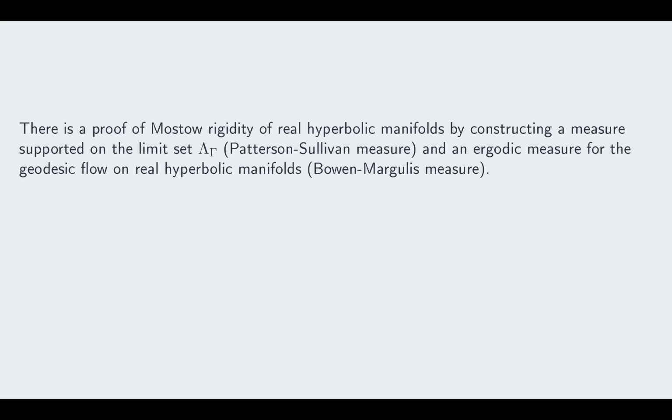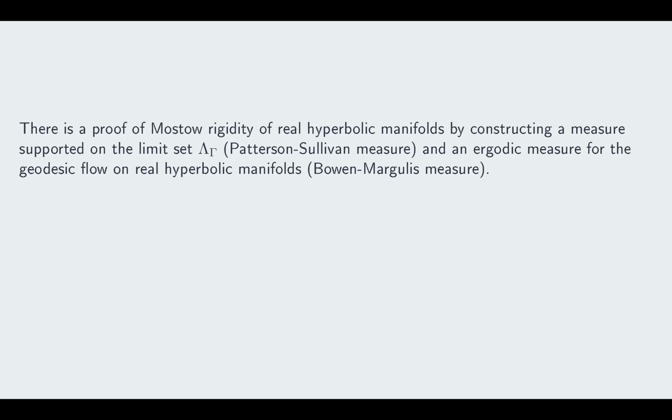There is a proof of modularity of real hyperbolic manifolds. There are multiple proofs. There are two proofs using Patterson-Sullivan measure, but the one I'm considering also uses the ergodic measure for the geodesic flow on the real hyperbolic manifold, not RH^n, but the quotient.